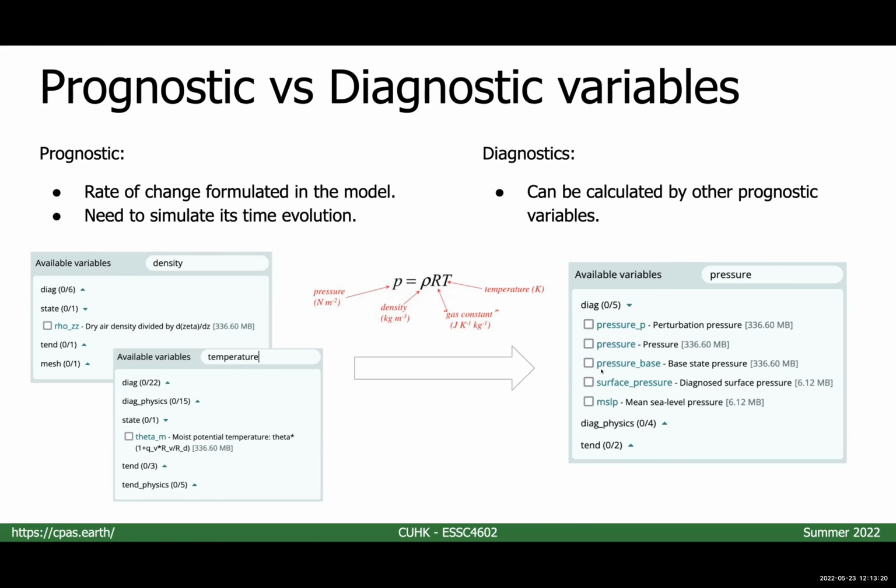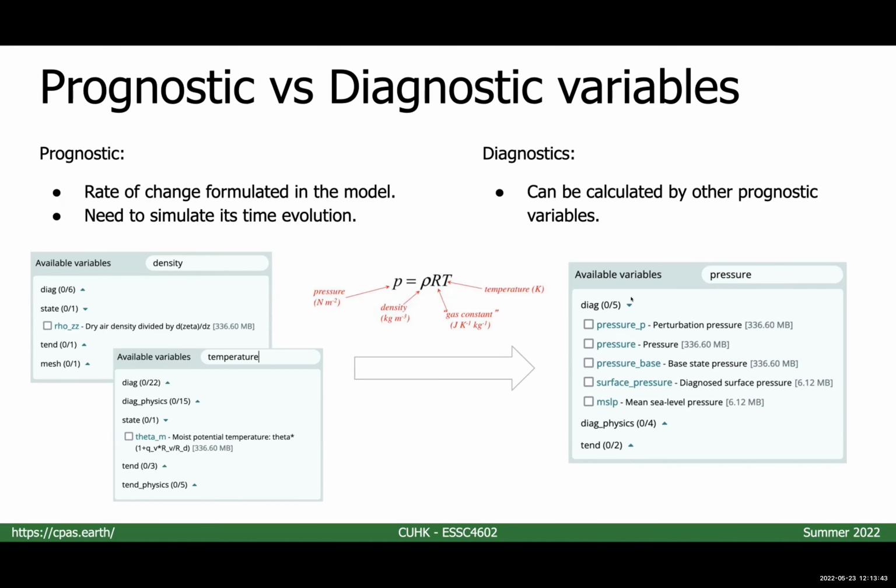But you can see that they are in the group DIAG. That means they are diagnostic. And for the search about density and temperature, you will see that it is in the group state. That means it is in the group of atmospheric state, and they are prognostic variables. And so this is also in the state group.